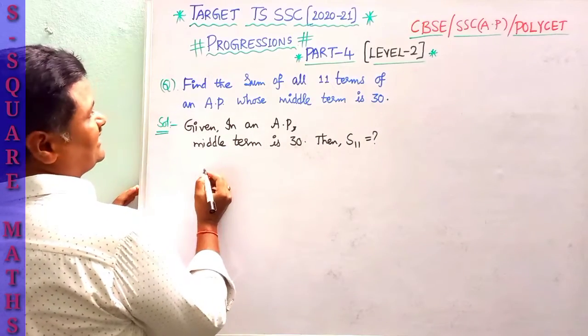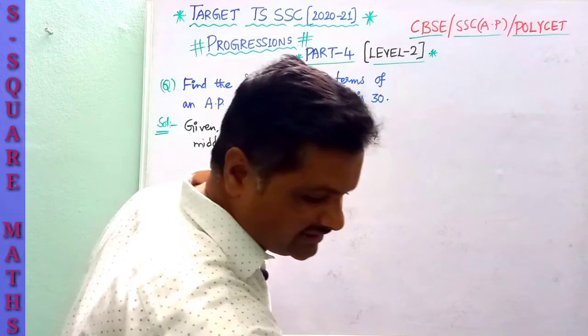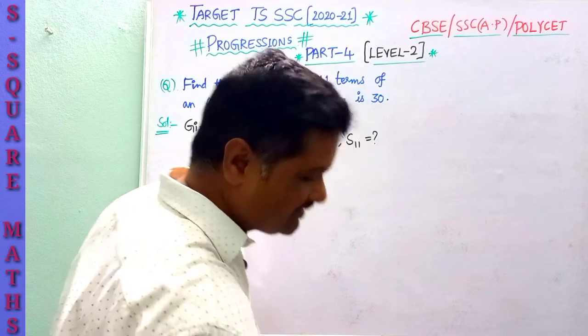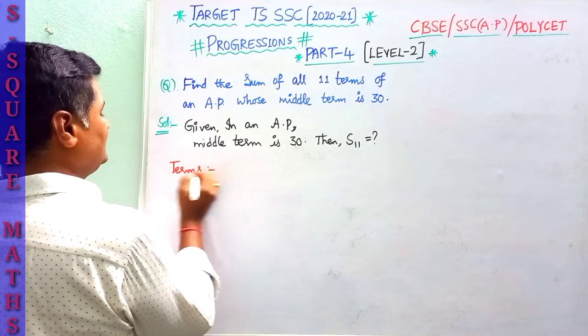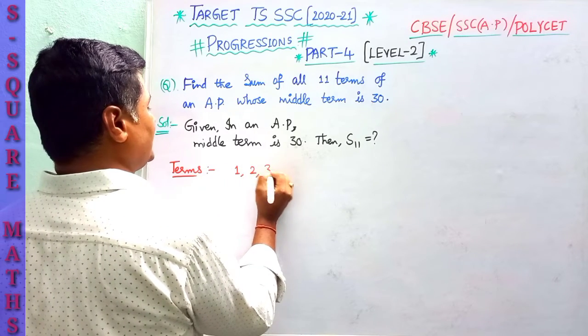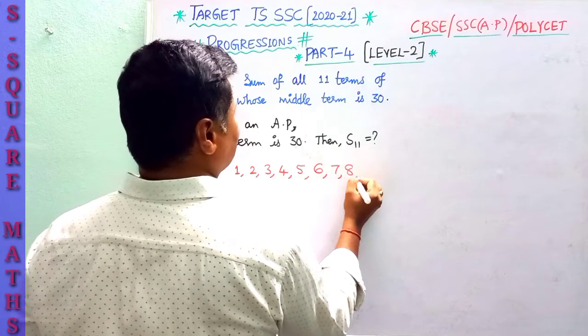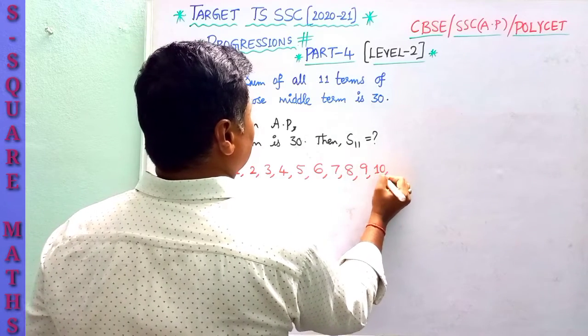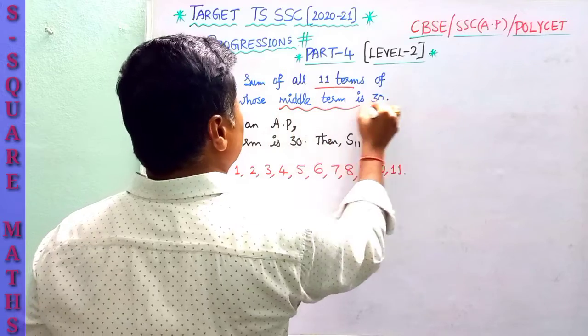Since the number of terms is 11, I can write the terms. Please look over here. The total terms I am writing: 1, 2, 3, 4, 5, 6, 7, 8, 9, 10 and finally 11, because there are 11 terms and the middle term is 30.